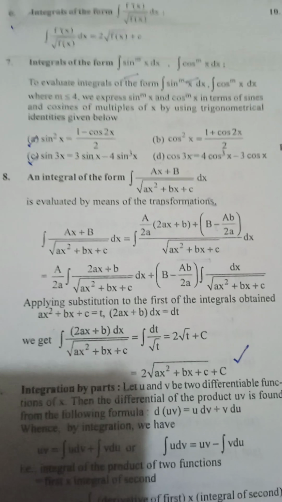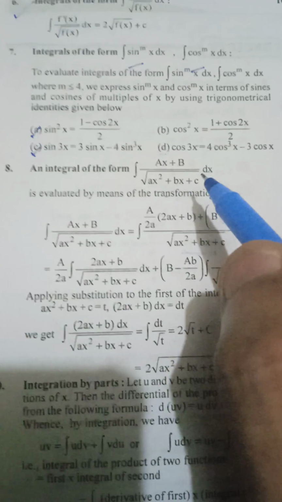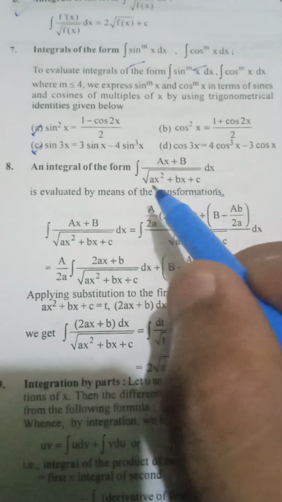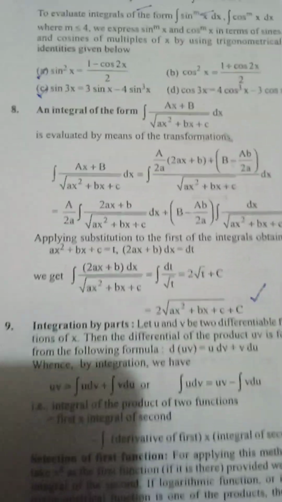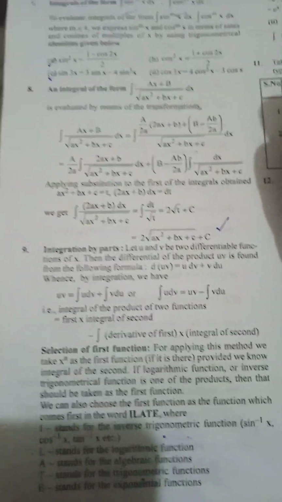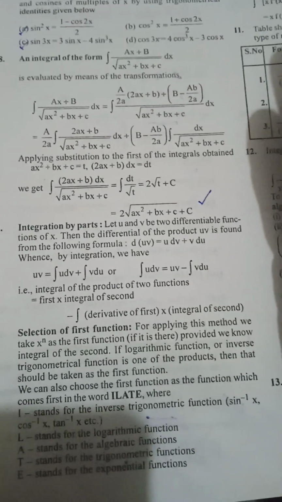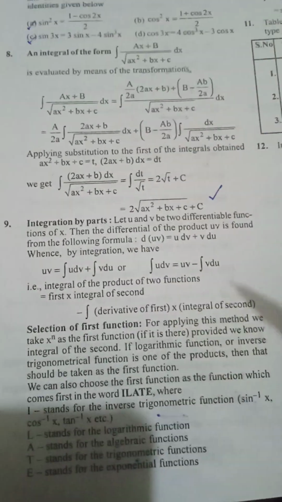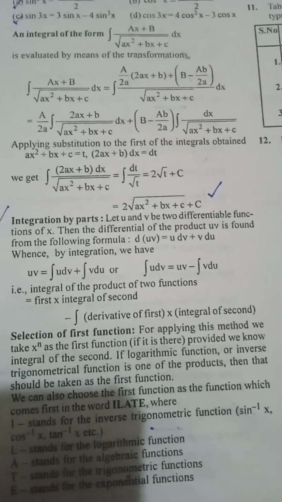So what I am saying is, in the case of question number 8, always remember your answer would be twice the square root of x square plus bx plus c. I'm not bothering to solve this question, but you can always solve it by taking the perfect square and square root.